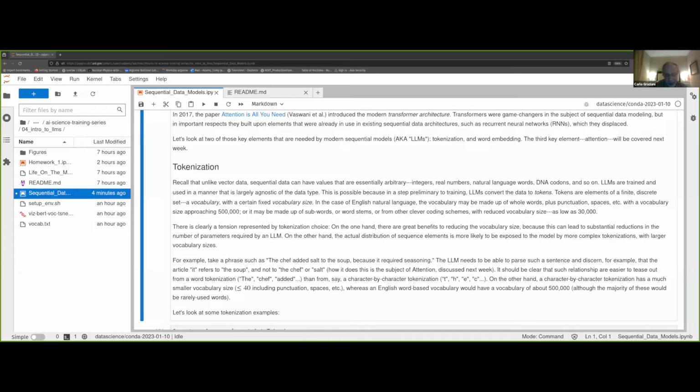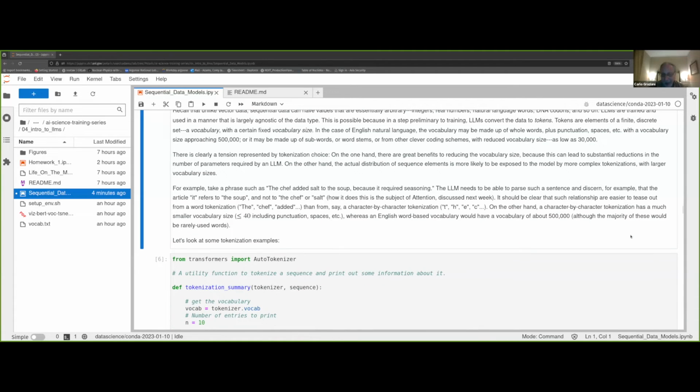Take an example: the chef added salt to the soup because it required seasoning. There's an operation that we do in our minds unconsciously, which the moment you start trying to think about parsing sentences you realize is a difficult problem to solve.